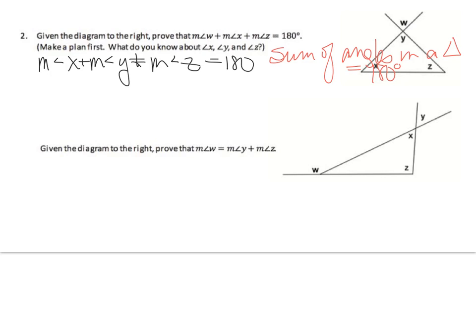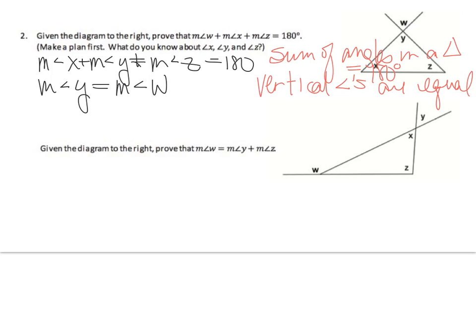Okay, we also know that the measure of angle Y equals the measure of angle W. We just proved that. And my reasoning is vertical angles are equal. Therefore, I can substitute measure of angle X plus, instead of measure of angle Y, I'm going to put the measure of angle W plus the measure of angle Z equals 180.